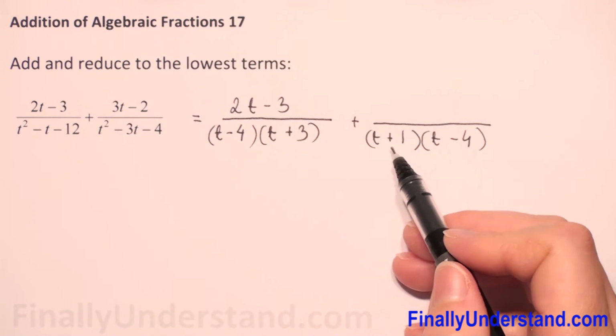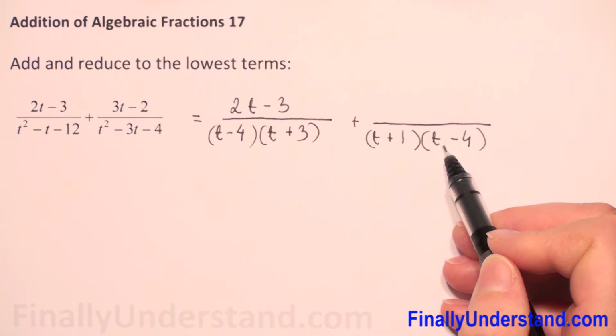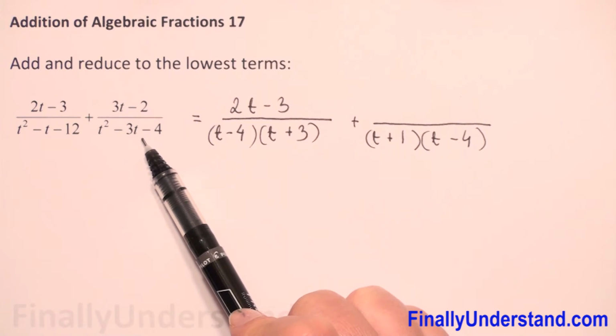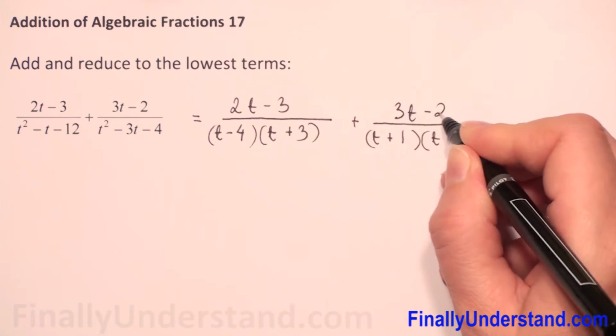So now if you multiply every expression in the first parenthesis by every expression in the second parenthesis and you combine the like terms, you will get exactly the same expression which we have in the second denominator. And the numerator we have to copy.